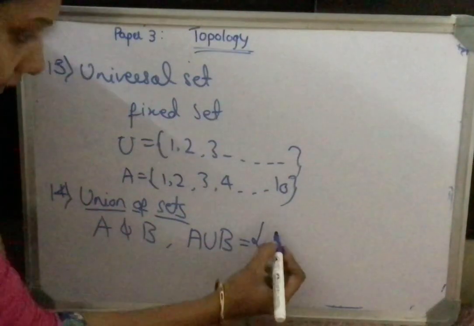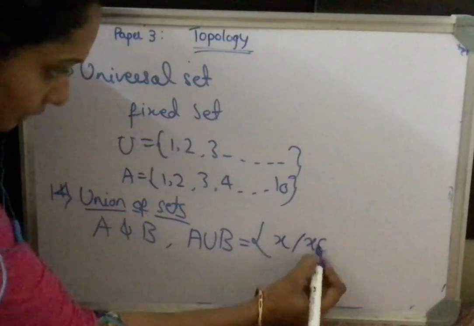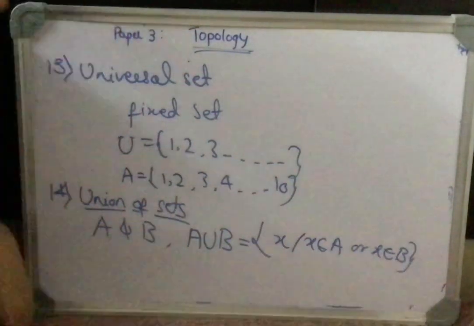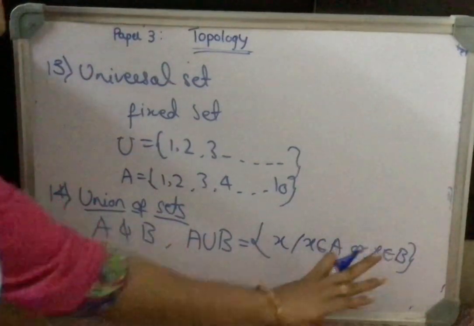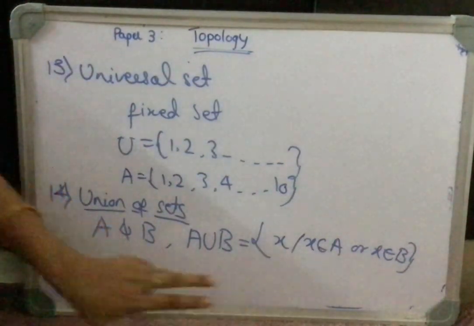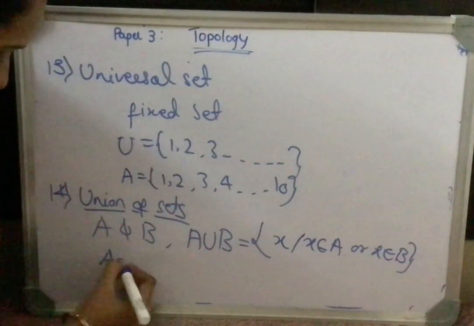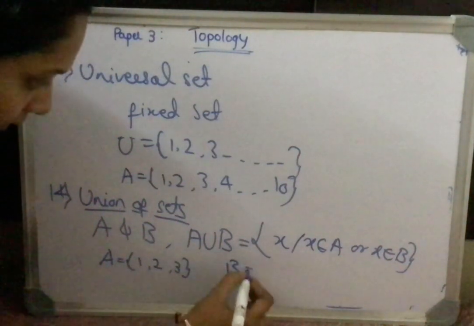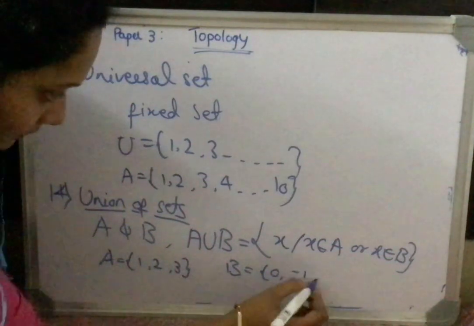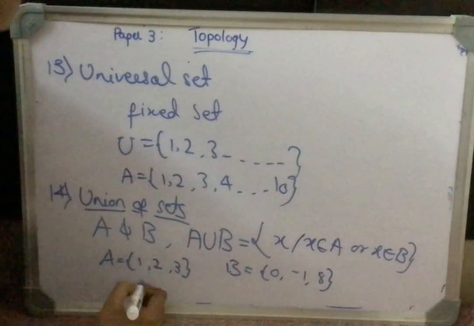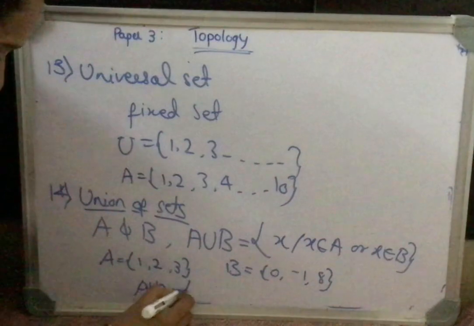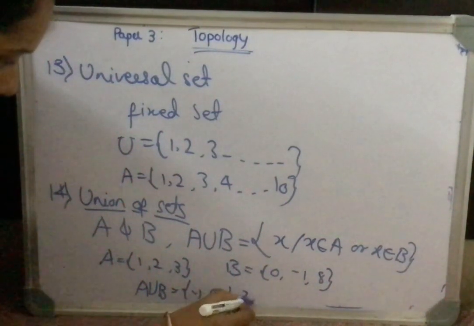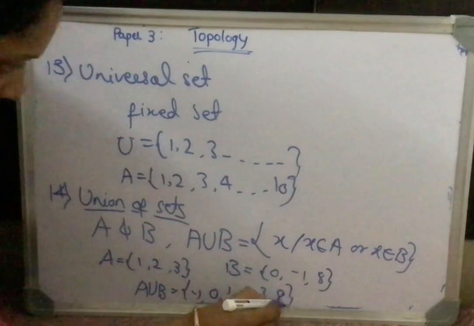Okay, so here A union B is X, where X belongs to A or X belongs to B. So the element should be in A or B. Okay, for example, A is equal to 1 2 3, B is equal to 0 minus 1 8, then A union B will be minus 1 0 1 2 3 8.